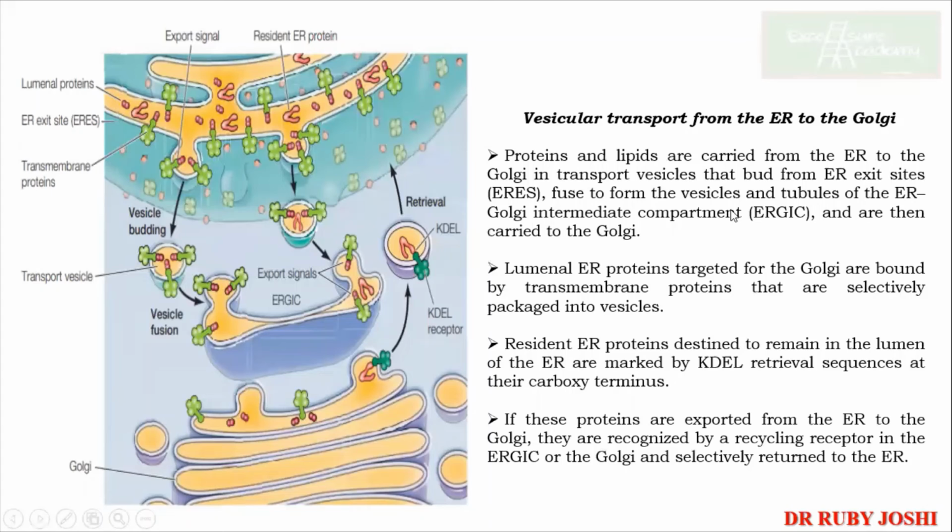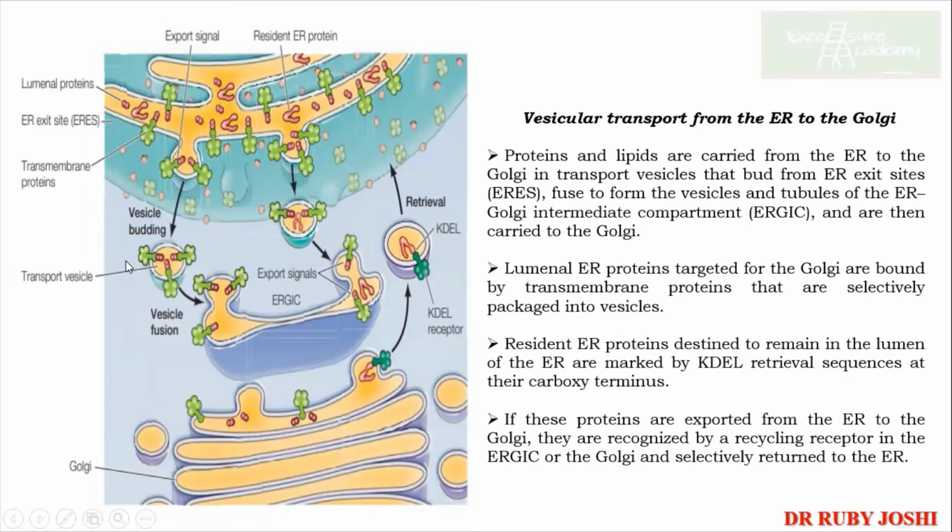So this is the vesicular transport between the ER and Golgi. And do understand that this is like from ER to Golgi it is going. Okay, so what do we see here? Whether it is protein or lipid, all of this will first go from the ER to the Golgi, then only it goes to its final destination. Okay, so as we know that they actually have got the ER exit sites, from there only your vesicle is formed.